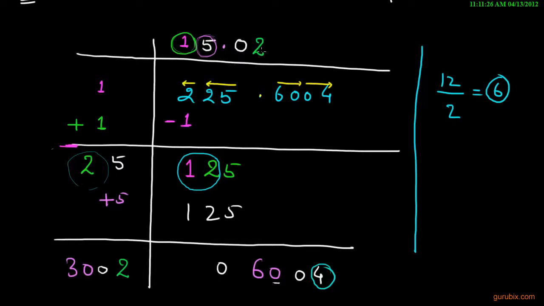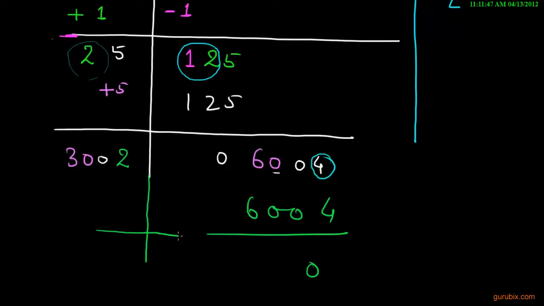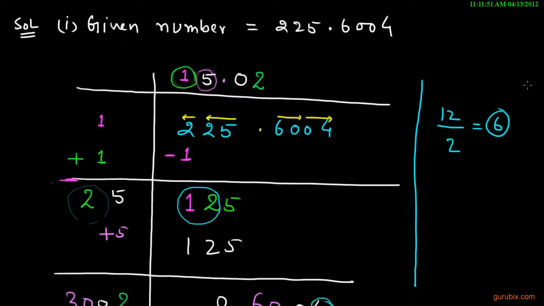And now we shall multiply this 3002 with this 2 to get 6004. And if we subtract 6004 from this 6004, we get 0. So our division process stops. Therefore, this value 15.02 is the square root of the given number.